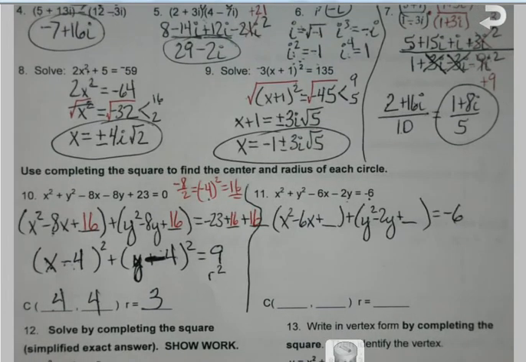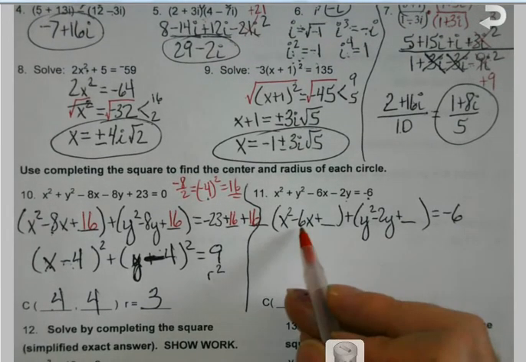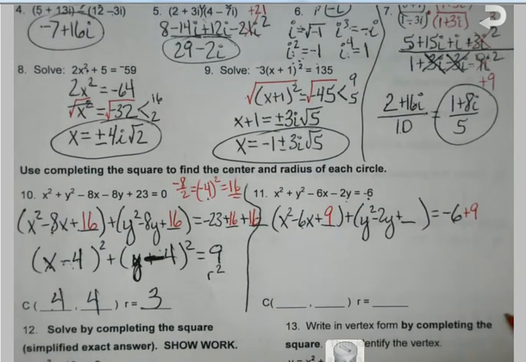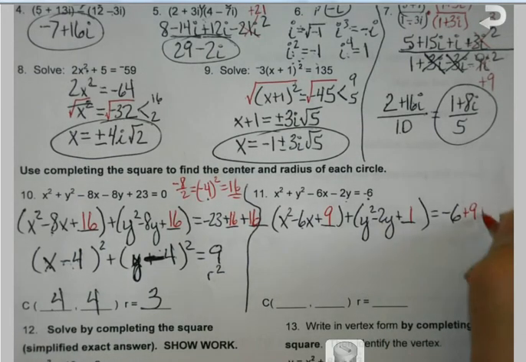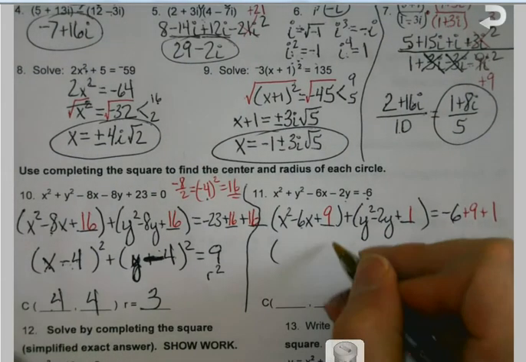Don't bring it back. So here, let's see. Half of 6 is negative 3. Negative 3 squared is 9. Negative 2 divided by 2 is negative 1. 1 squared is 1. Get those added in on both sides.